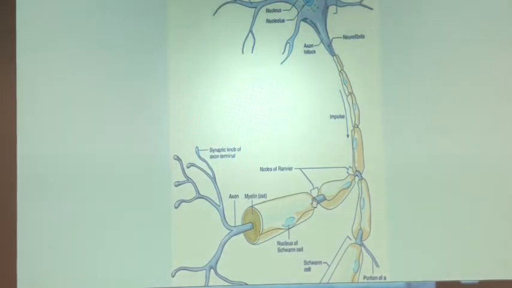If this myelin begins to degenerate from environmental or genetic factors, you could end up with a disease. Multiple sclerosis is a disease which progressively degenerates the myelination of these nerve fibers.